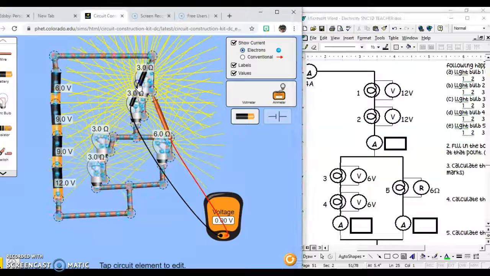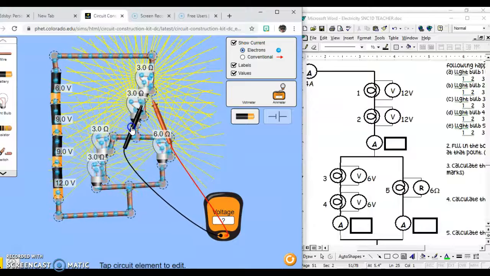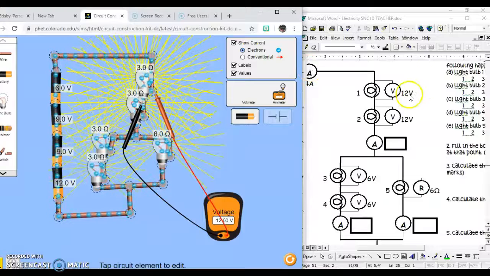Not sure why I can't get this to read the voltage. Oh, I'm not getting on each side of the light bulb. There we go. The negative is just direction, it's going backwards through the machine. So current is 4, voltage is 12, V equals I times R, so R equals V over I. 12 divided by 4 is 3 ohms.